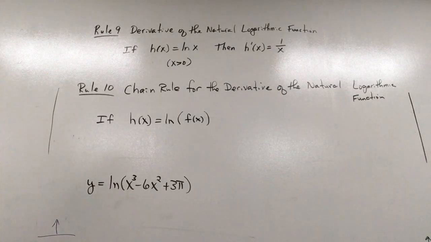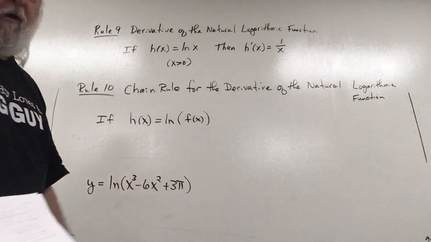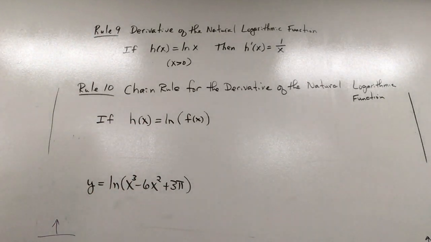Okay? And so when we differentiate, it's not going to be just 1 over this quantity in parentheses. There's going to be one additional step, as in other chain rules.